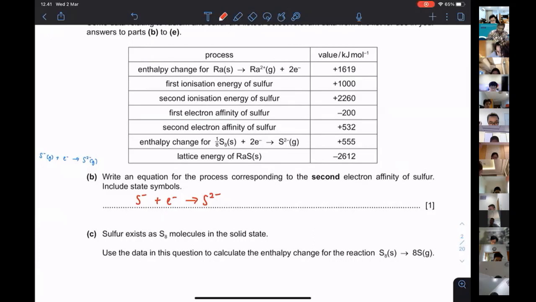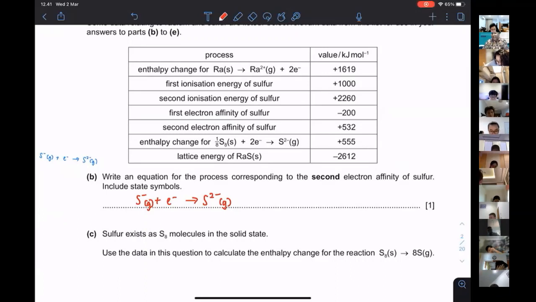So that is going to be asked in paper 4.1. You need to include gases, and the products as ions in the form of gases as well.